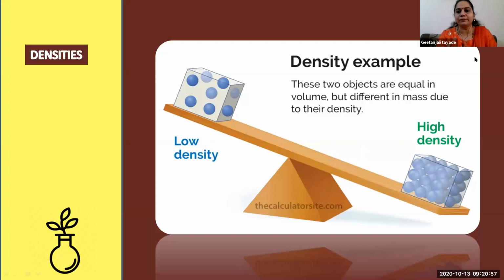Iron. Iron, because the density or the mass of iron is more. So the density of iron is more, so it will weigh heavy, though the size of both the boxes are the same. Okay, so that is called the density of a substance.